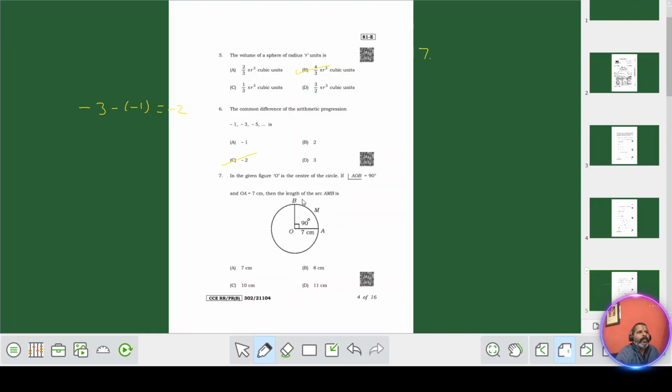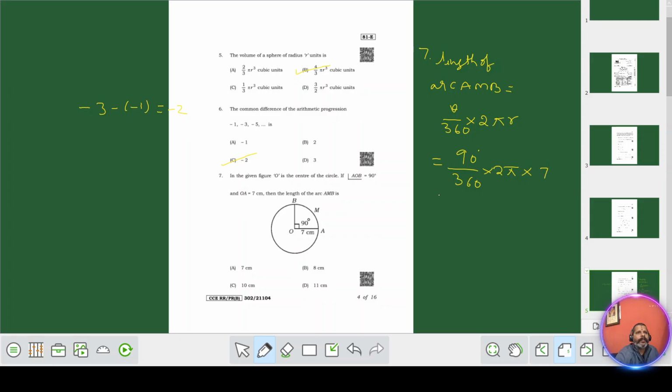In the figure, AOB is given as 90 degrees, radius is 7 centimeter. Find the length of the arc AMB. We know the formula for the length of an arc: theta by 360 into 2 pi r. Theta is given as 90 degrees, so 90 by 360 into 2 pi r.